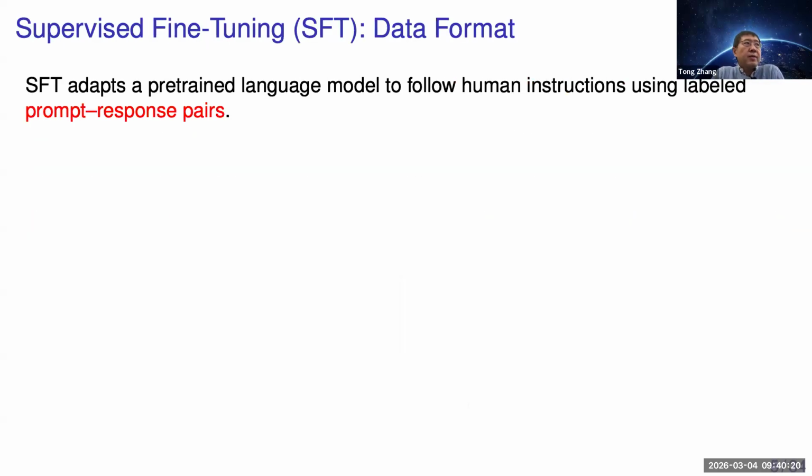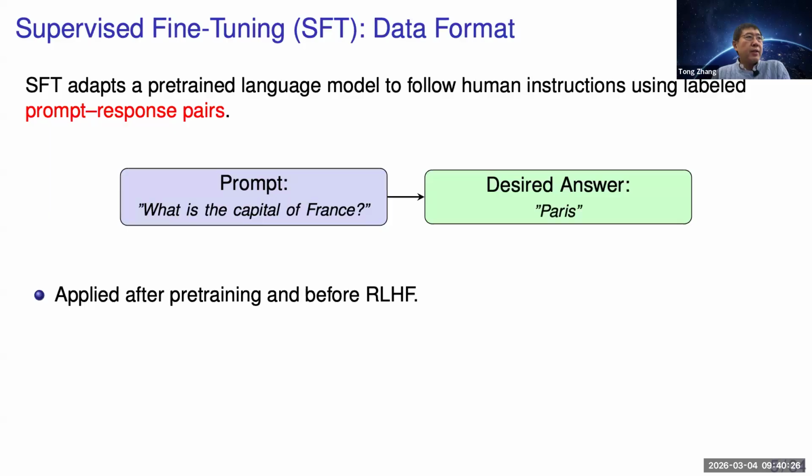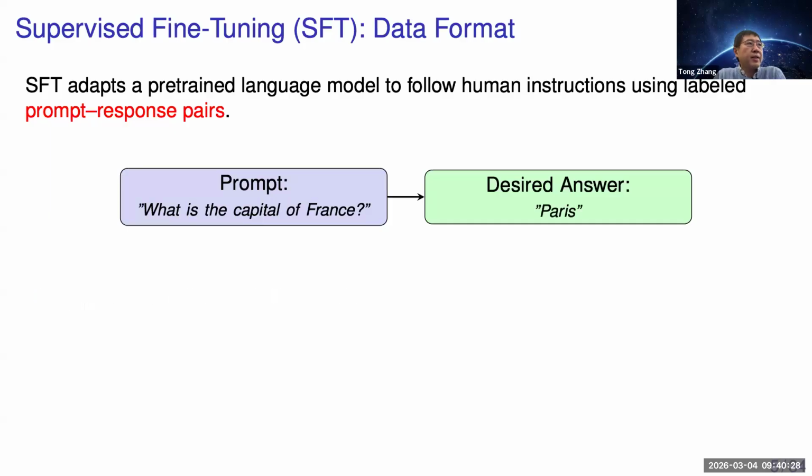So let's talk a little bit about data formats. Basically, data formats are prompt-response pairs, as we mentioned. This example is: What is the capital of France? And you say Paris, but you have other questions. So this is a flavor of data.